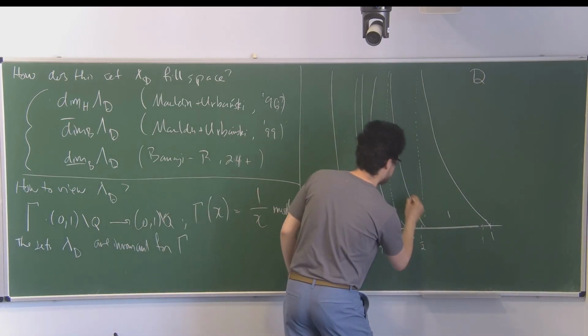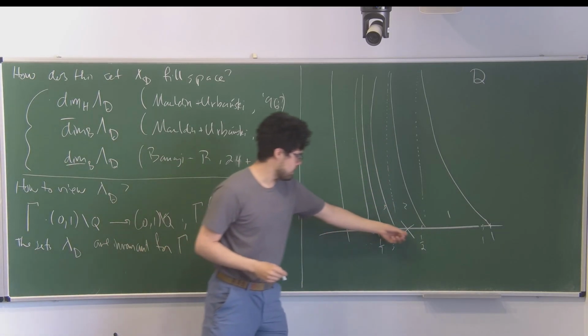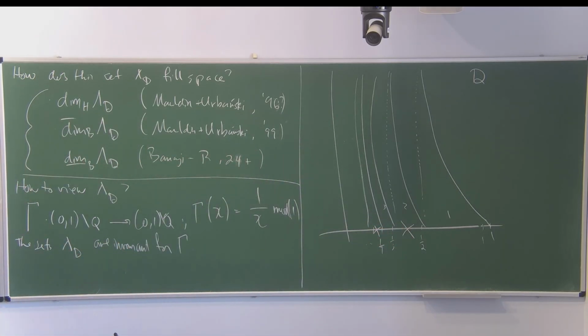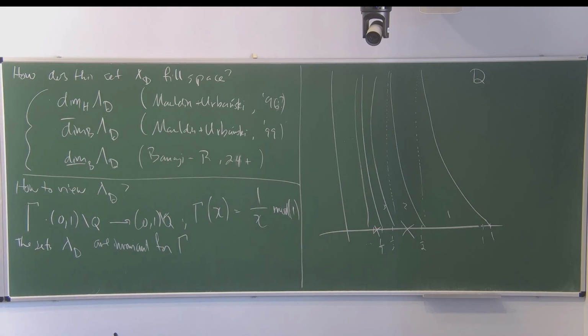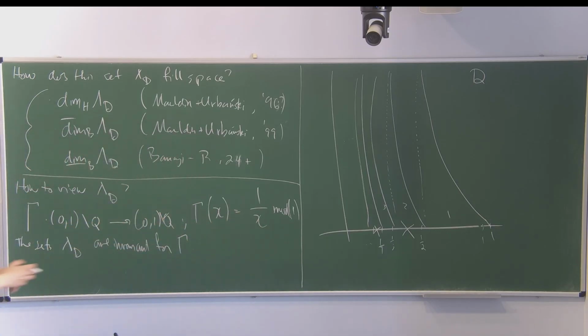So this is digit 1, this is digit 2, this is digit 3, etc. We take the ones which are not in D, we delete them, and then we ask for those points whose orbit under the Gauss map does not enter into one of these intervals. If you really like dynamics, this is certainly a very natural way to look at these sets.